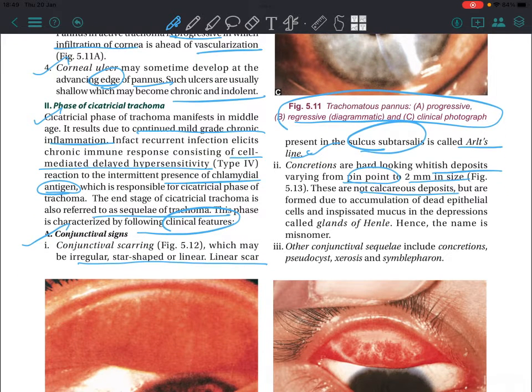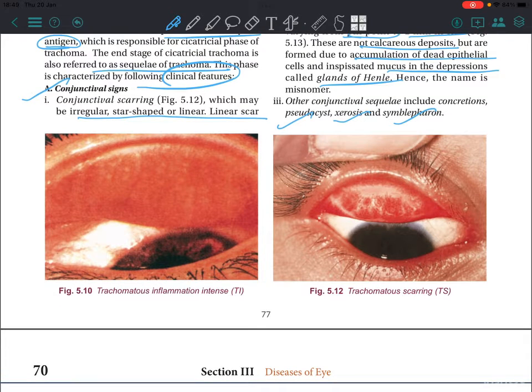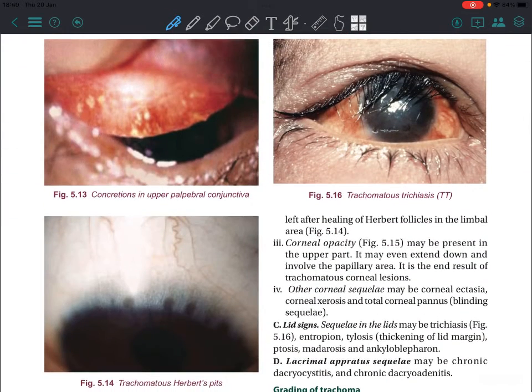These are not calcareous deposits but are formed due to accumulation of dead epithelial cells and inspissated mucus in the depressions called glands of Henle. Other conjunctival sequelae include pseudocysts, xerosis, symblepharon, trachomatous scarring, and concretions in the upper palpebral conjunctiva.